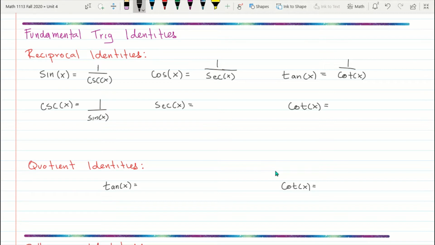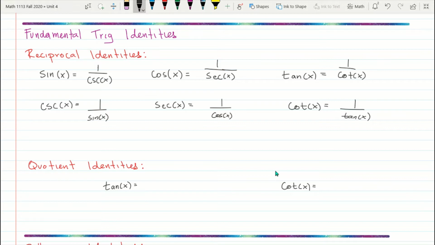Next we have secant, which is 1 over cosine of x, and then cotangent is going to be 1 over tangent of x. So those 6 identities that we have there so far are called the reciprocal identities.